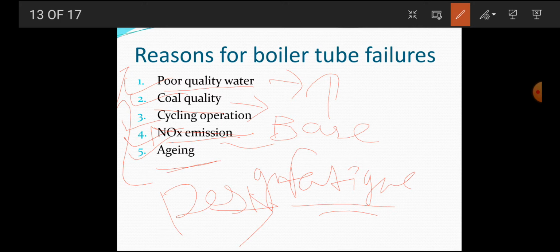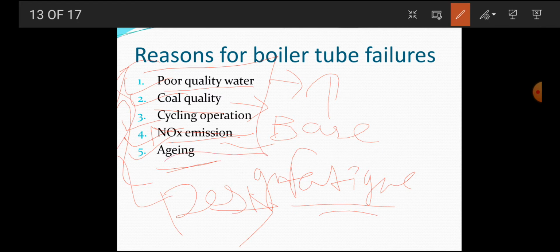Without plans for retirement, these vintage units are carrying major loads in power generation. So if we are not replacing all these pipes, then the tubes may fail.